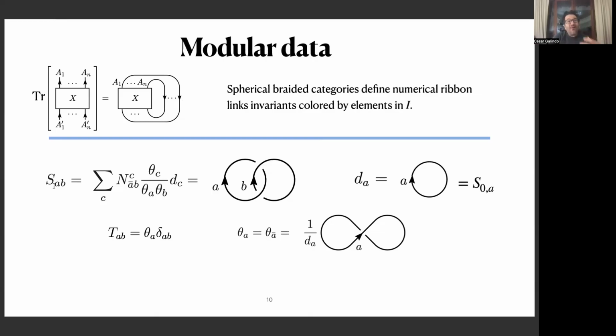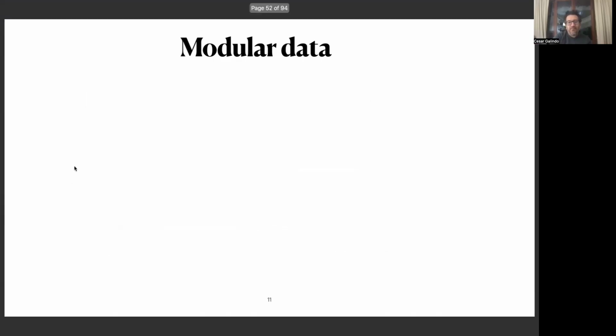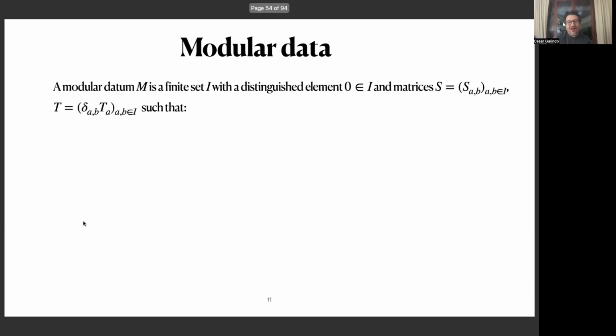There are many ways to rephrase modularity, some of them very useful, but for the talk I think it's not necessary to remember any of these equivalent conditions of modularity. Okay. Some people have tried to axiomatize what an arbitrary modular datum is.